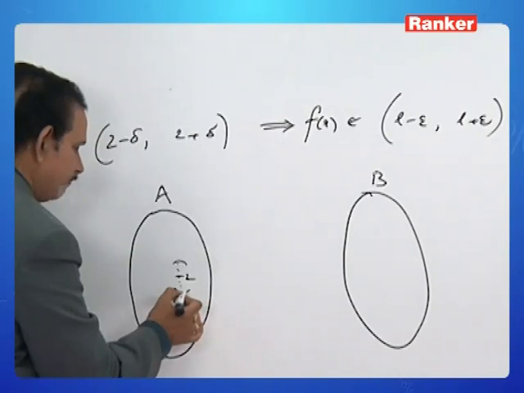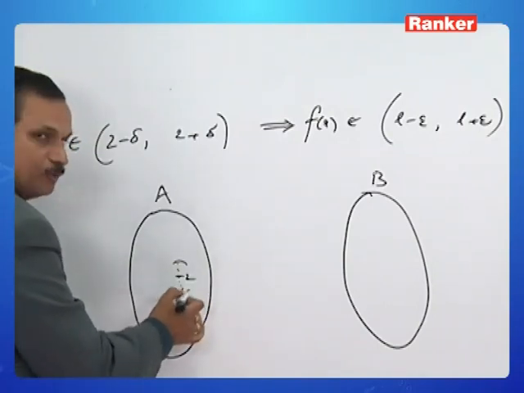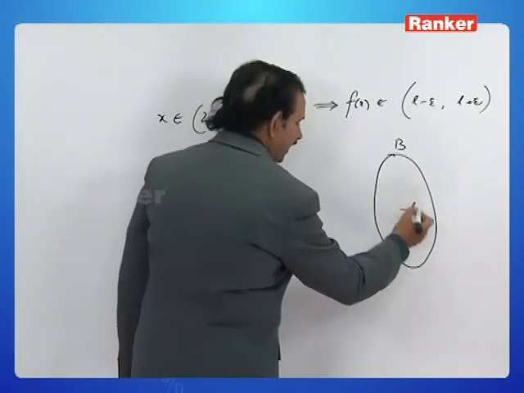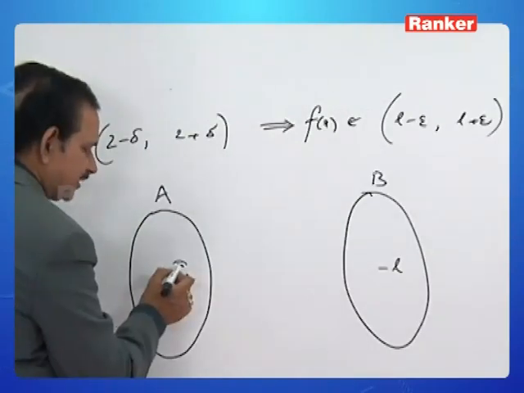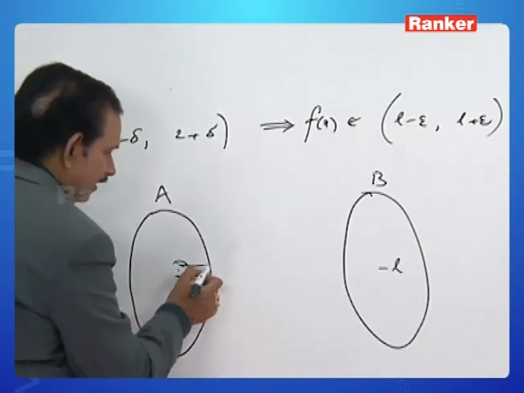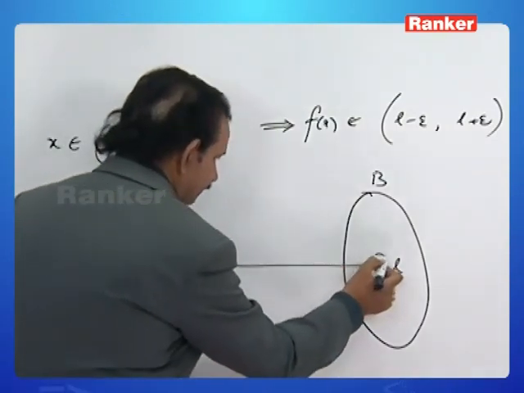All real numbers in 2 minus delta to 2 plus delta. This is L. If this x lies here, f of x lies here.